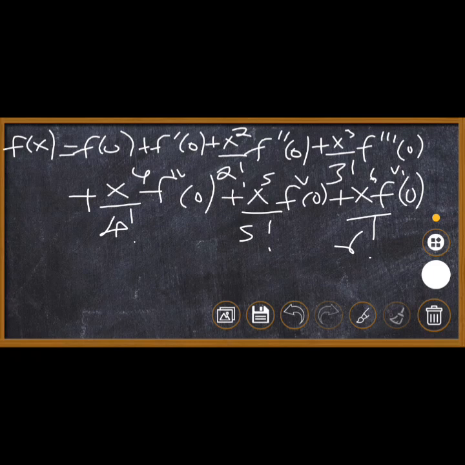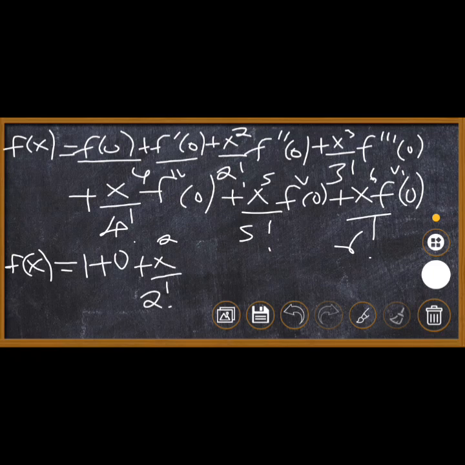If you have taken note of the values that we had, where we have f of 0, remember our f of 0 gave us what? 1. So we're going to have 1 here. And then our first derivative gave us what? 0. So we are just going to have 0 added to x squared over second factorial.